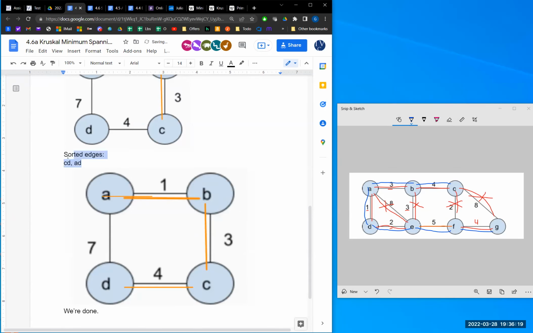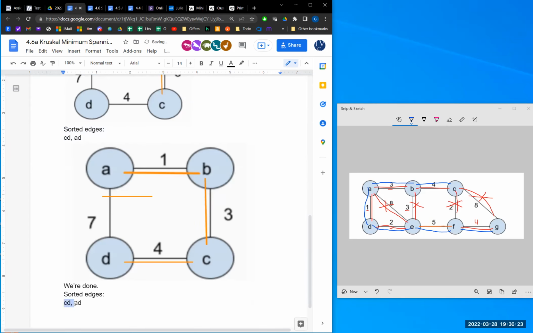Sorted edges just has AD left in it. There's no point in adding this edge, because if we add that edge, we're just going to create a cycle and then remove the heaviest edge, and the heaviest edge is the one we just added. So there's no reason to continue processing at this point.